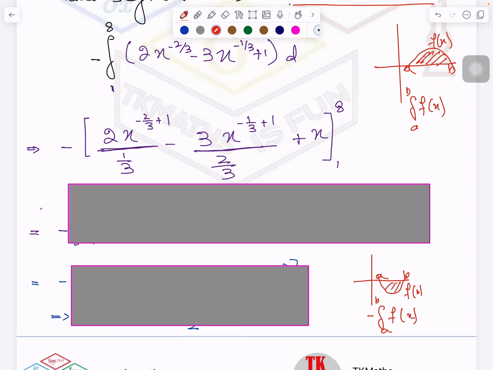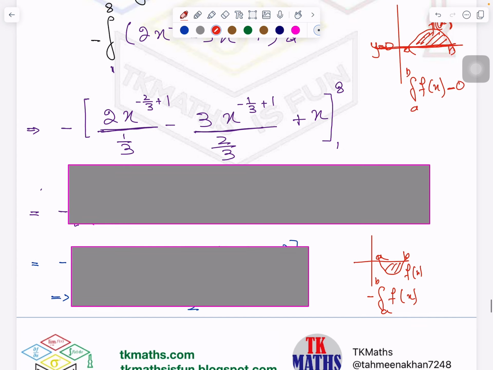This is written in the book, but what is the reason behind it? If you see this line, what is the equation of this line? y equals 0. So your upper curve is f of x, and the lower curve is 0. When you write 0 there, you don't mention it. Whereas in this case, the upper curve is y equals 0, and this is your lower curve. Actually, it is the integral from a to b of the upper curve 0 minus the lower curve, and then we integrate.